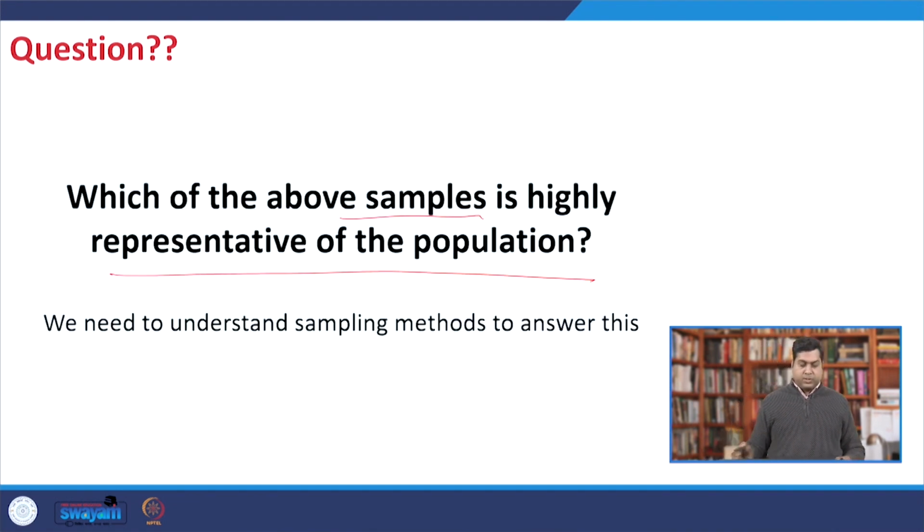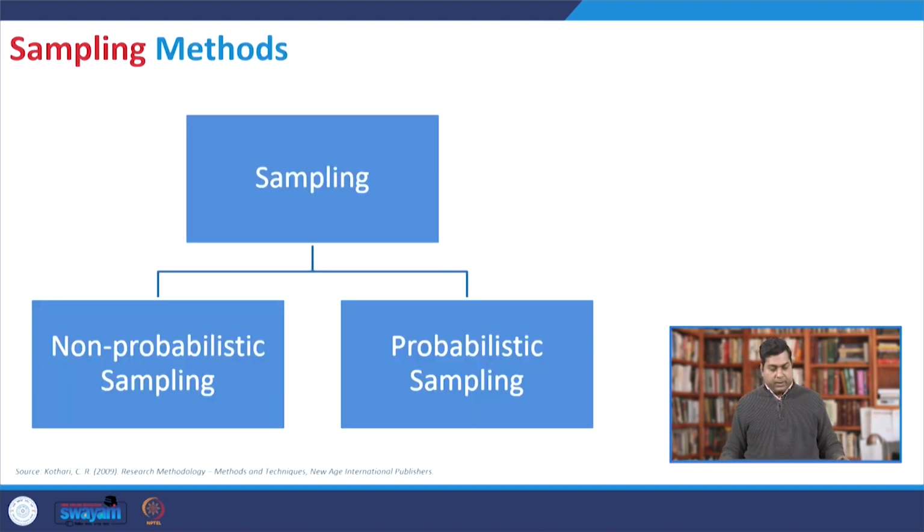So that's why the question is which sample will represent the population best. We need to understand the sampling method to answer this, and that's the purpose of this entire research and this particular sampling technique. Now what is the meaning of sampling? It is the process of selecting a sample, as simple as that.